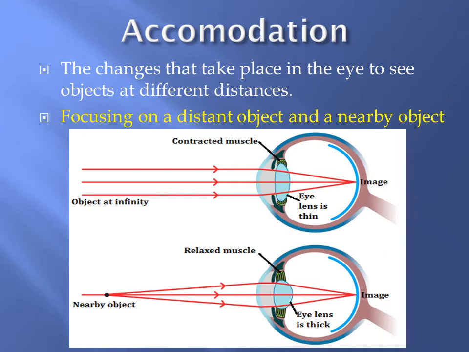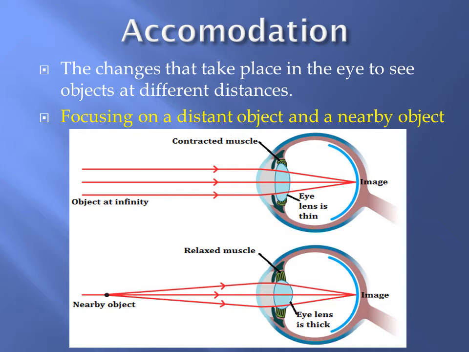Now let's see what happens when you focus on an object which is nearby. For example, when you read a book, the light rays from that object are spreading out, or diverging, when they enter the eye.